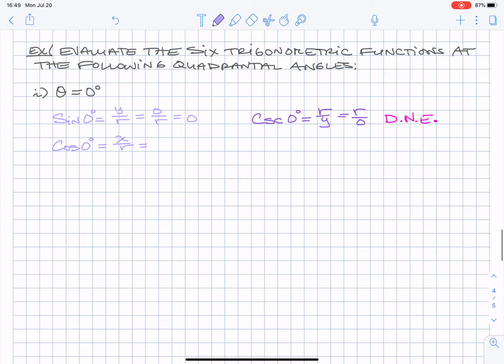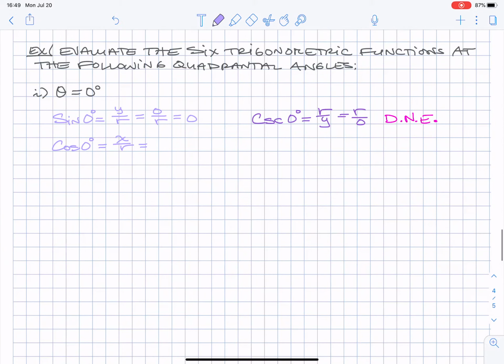So the reciprocal to cosine, since cosine begins with a C, begins with an S. So this is just regular secant, which is r over x, which we found to be r over r, or 1. And that is indeed the reciprocal of 1.